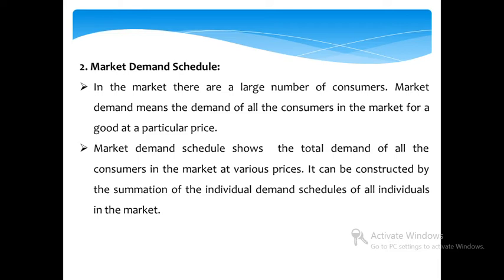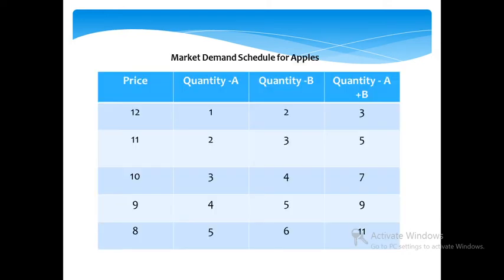The market demand schedule shows the total demand of all the consumers in the market at various prices. It can be constructed by the summation of the individual demand schedules of all individuals in the market. This table shows the market demand schedule for apples.